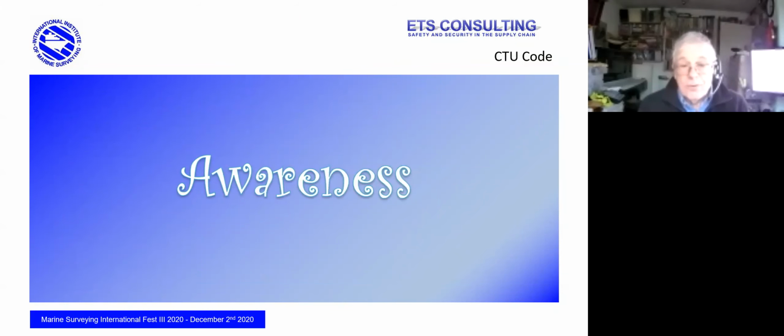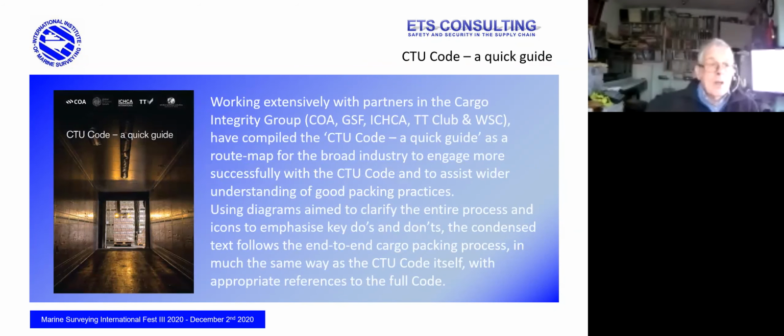As a consultant author to the CTU Code, I'm very keen to see that more people become aware of the code, and many organisations are doing their bit. And this is an example of one. Five groups: the Container Owners Association, the Global Shippers Forum, ICHCA International, the TT Club, and the World Shipping Council came together to produce what they called the CTU Code: a quick guide, which is a route map for the broad industry to engage more successfully with the CTU Code.